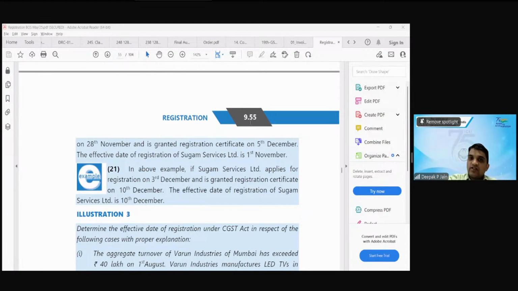And once you obtain the registration certificate and give them the number, they can amend the details in the GSTR1 and they can pass on the ITC to you. Clear?